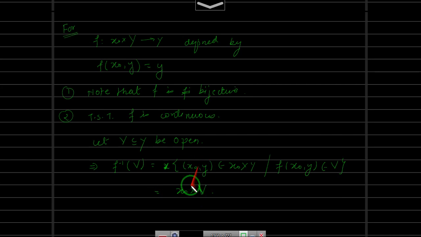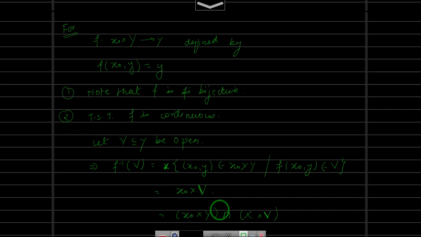Okay, you can check this too, it will be the same, and that will be the same as x naught cross y intersection with x cross v, because if you take x naught cross y intersection with x cross v, you will precisely get this.